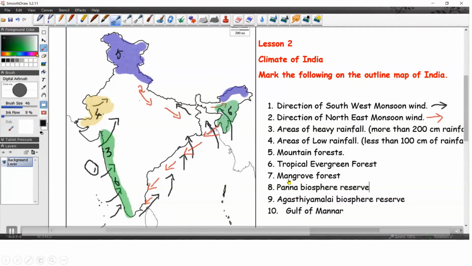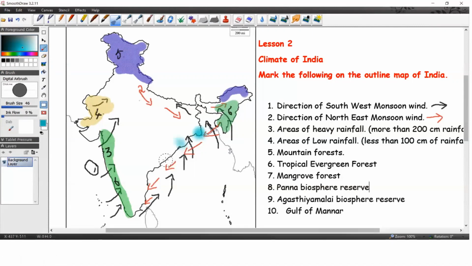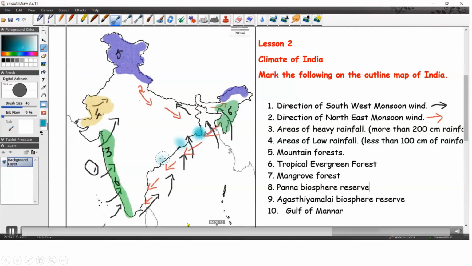And next, mangrove forest or tidal forest. The Sundarbans is the largest mangrove forest of the world, which is in India and also in Bangladesh. This is the tidal forest Sundarbans, and also mangrove forests are in the Mahanadi Delta, Godavari Delta, and also in the Kaveri Delta in Pichavaram.